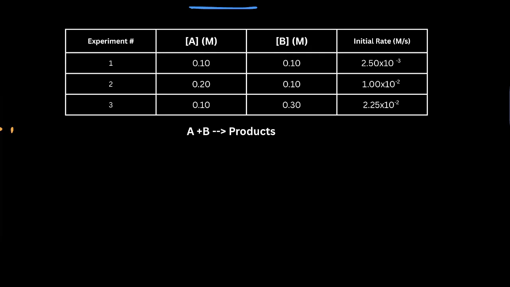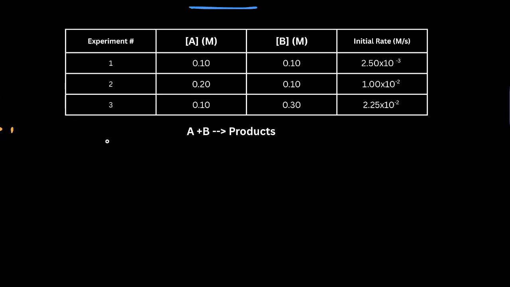The rate law is telling us how the rate of a reaction is dependent on the concentration of the reactants. So how is the rate, or how quickly the reaction proceeds, going to vary if we change how much of each reactant we have? That is basically what the rate law is telling us.